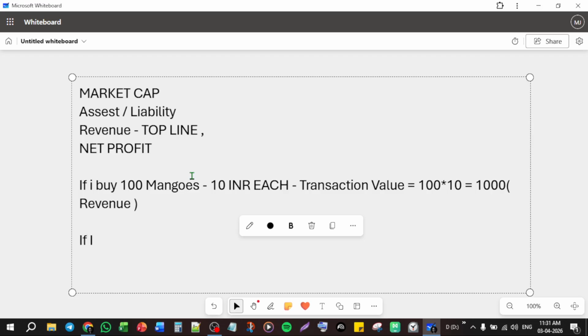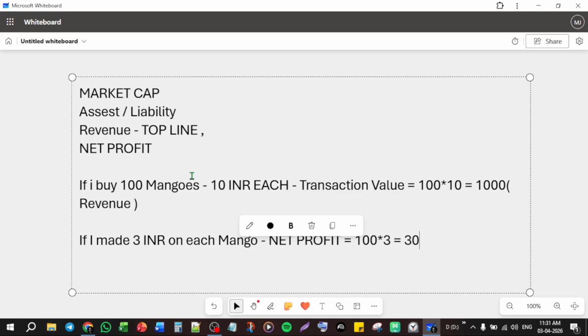If I made 3 rupees, so 3 INR on each go, then net profit is equal to how much? 100 into 3.